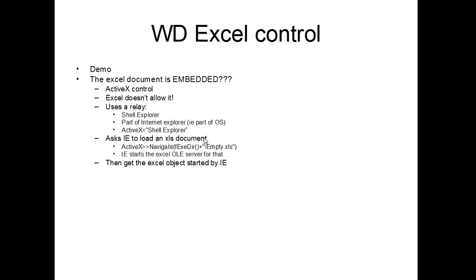Now, once you have your page open in Excel, it doesn't matter if IE was in the middle to open it. We are just asking the Excel application server to get us the handle of the active object, and then we're going to be working directly on the spreadsheet.